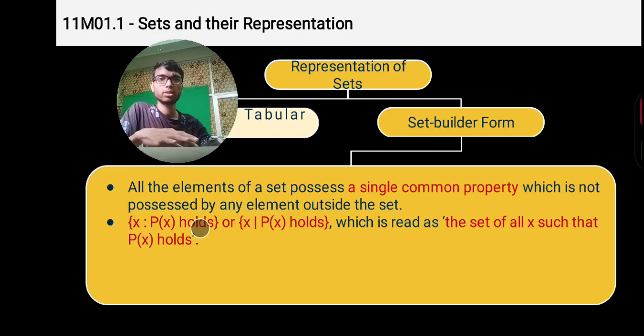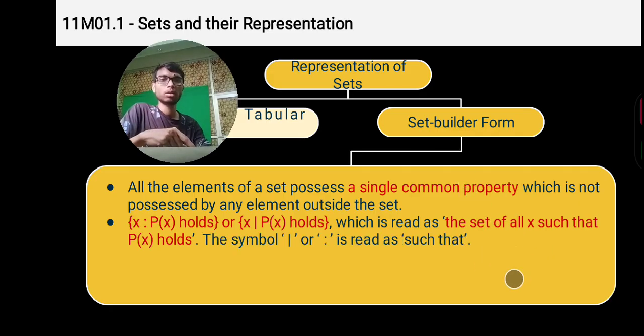The meaning of this set builder form is that it is read as: the set of all x such that p(x) holds. This will be unreadable, but this tabular form will be readable. You will have to understand this set builder form.